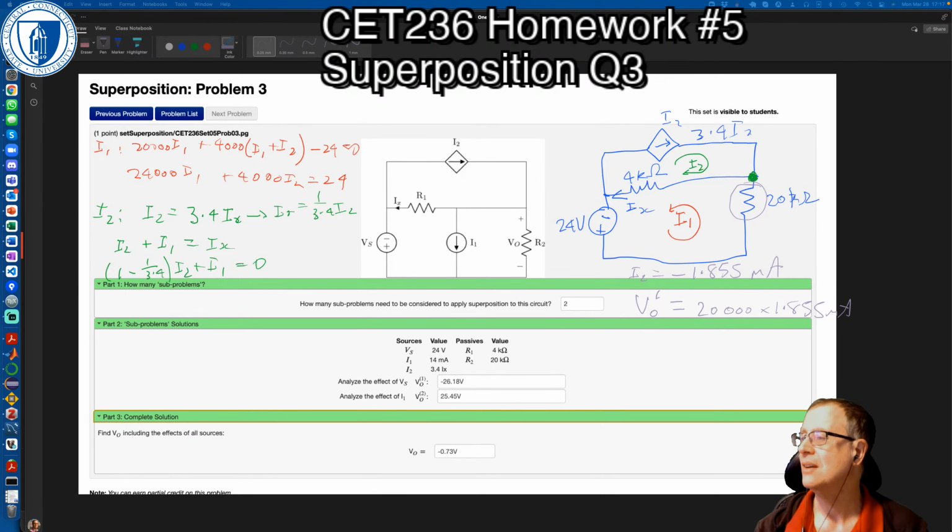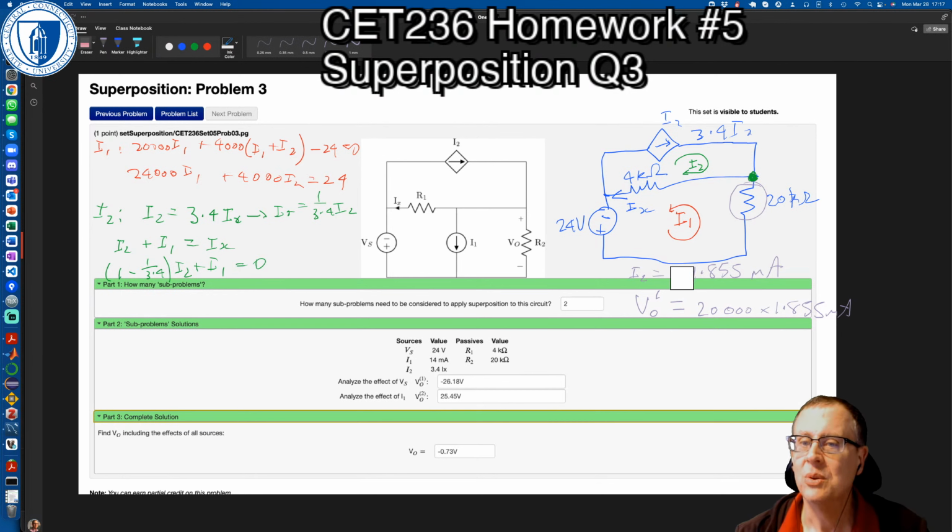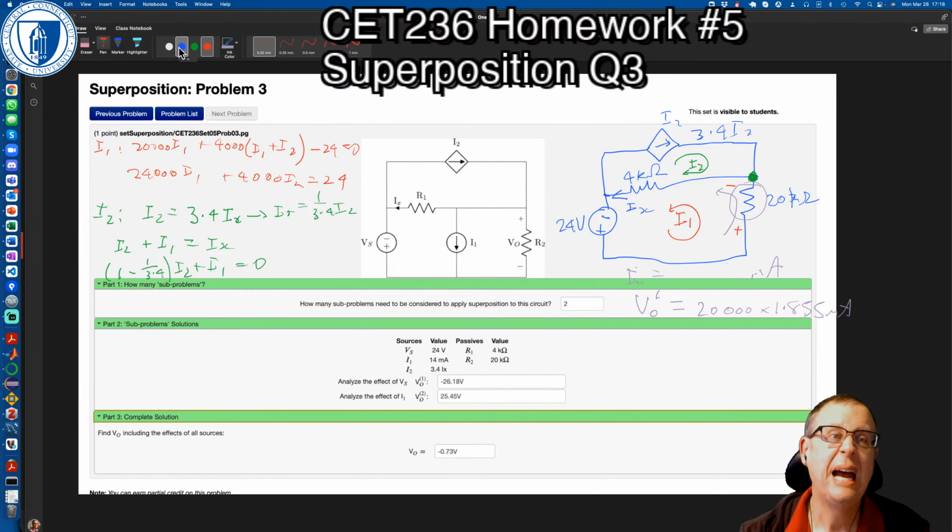I have a problem. I see what the problem is. Let me just correct that. It's not I2 that we need to use to get Vout. It is I1, because I1 is the thing that's going through here. The trouble is, our I1 polarity is like this, but our actual Vout polarity is like this.